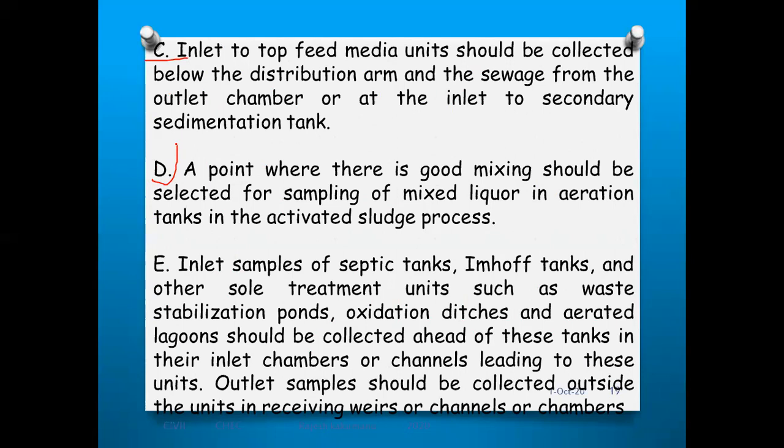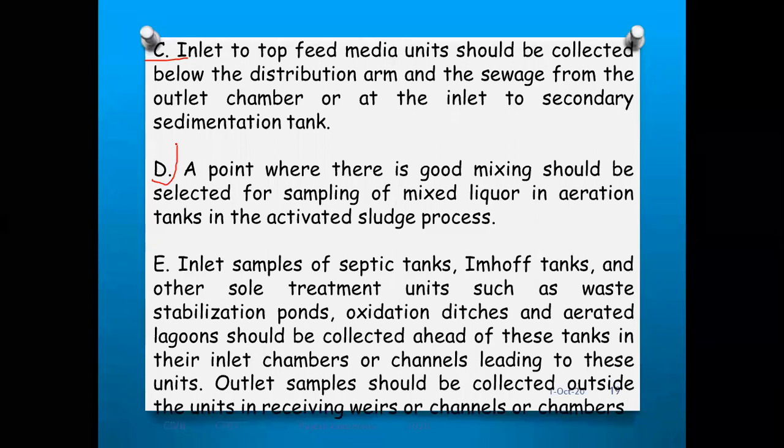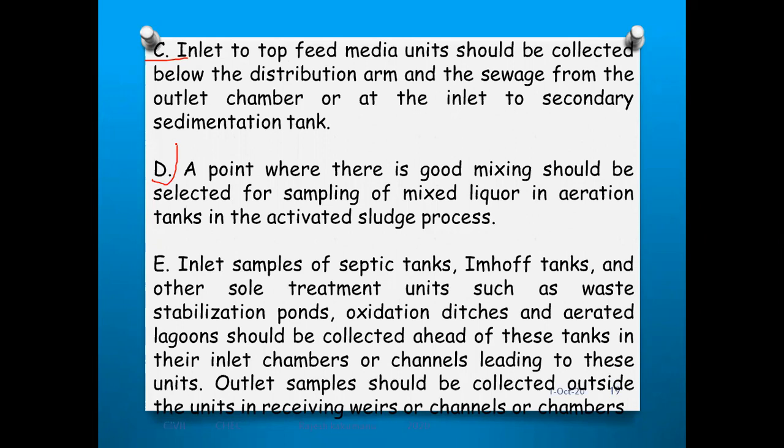Next one, inlet samples of septic tanks, Imhoff tanks and soil treatment units such as waste stabilization ponds, ditches and aerated lagoons should be collected ahead of the tanks in their inlet chambers. Outlet samples should be collected outside the units, receiving the flow of channels or chambers.